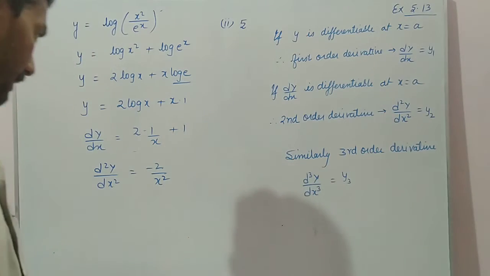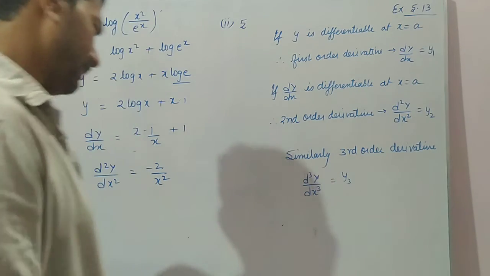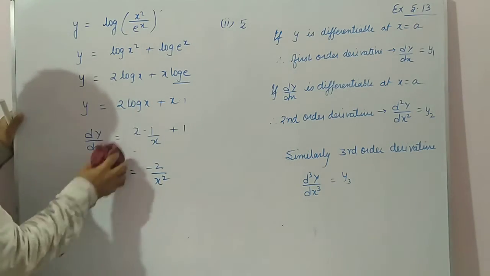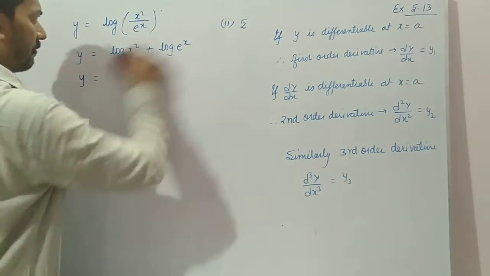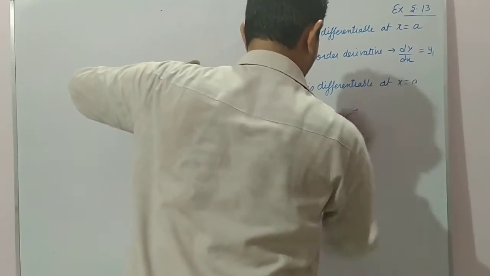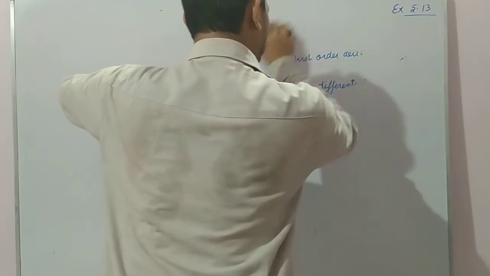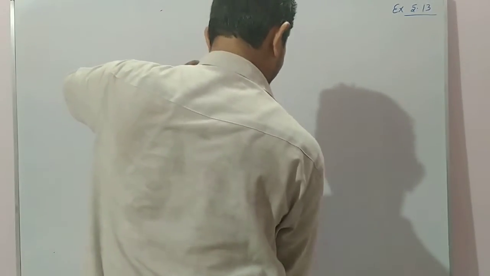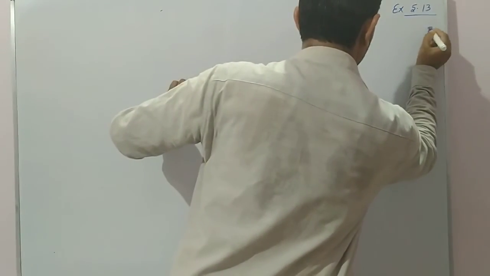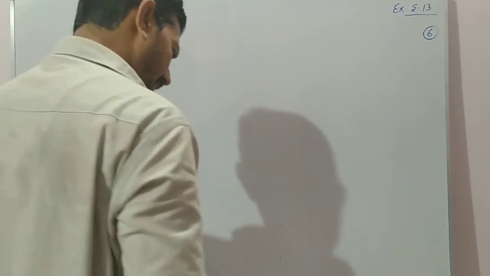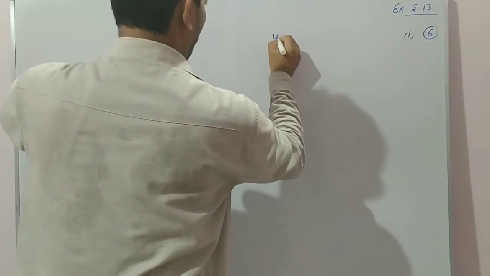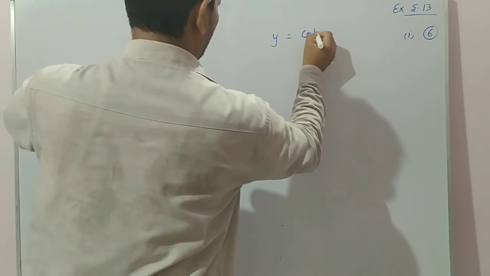Okay, next. Question number 6. This is quite simple. Let's see question number 6. It is given that 6 number 1, y equal to cot x.